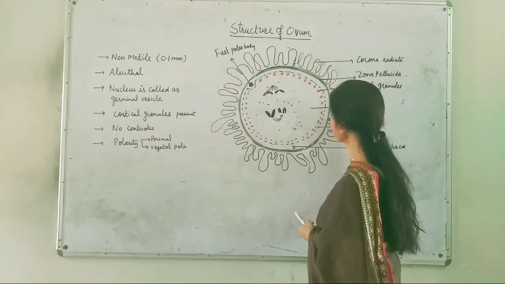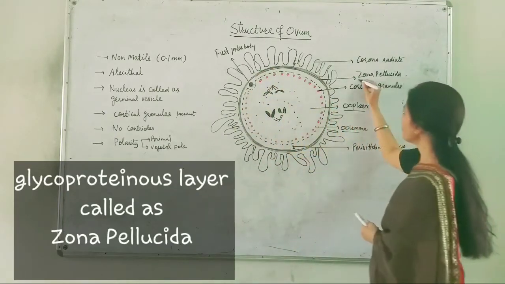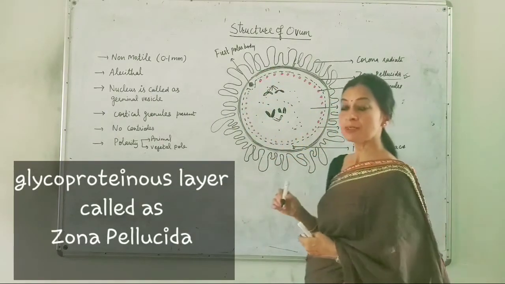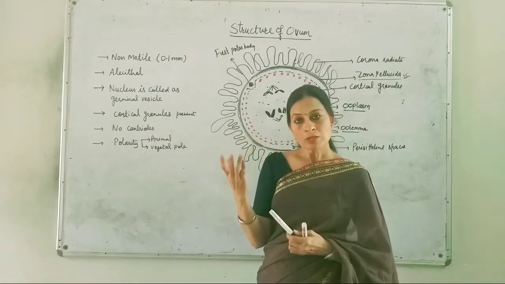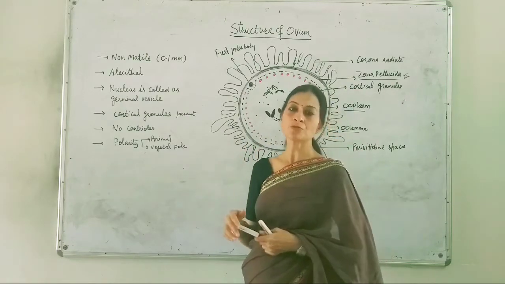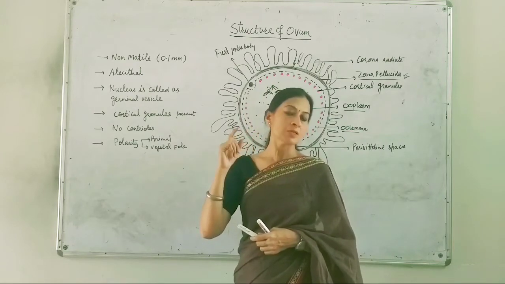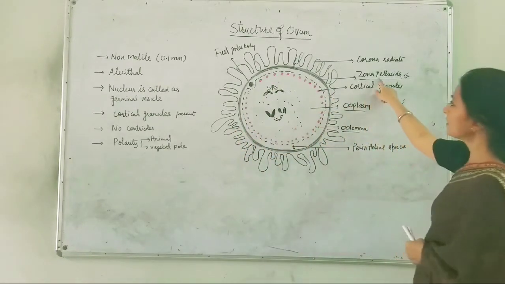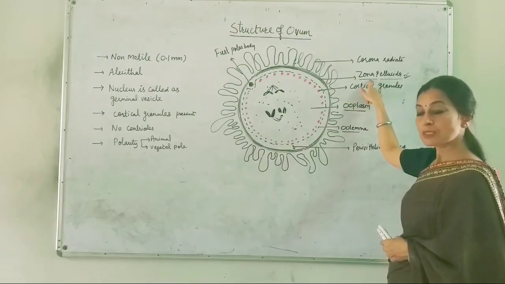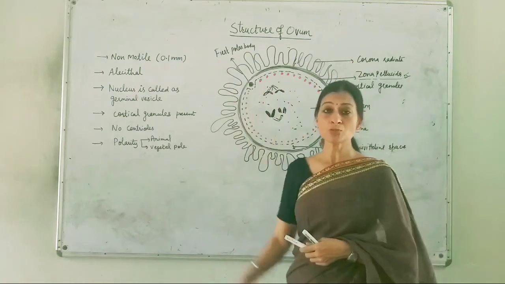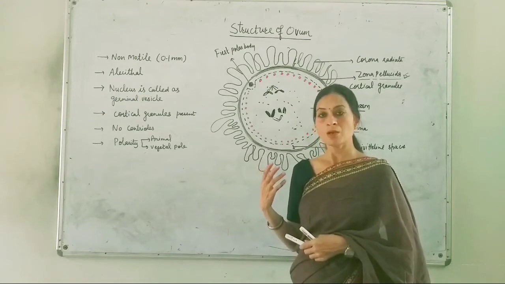This is a 3-layered structure actually, made up of glycoprotein, and this is the zona pellucida that we have studied in the graafian follicle also, that when the secondary follicles are maturing into tertiary follicle, then there is a glycoproteinous layer which is formed, and this glycoproteinous layer around the secondary oocyte is known as zona pellucida. This plays a very important role during the fertilization process. We will discuss it when the fertilization process will take place.